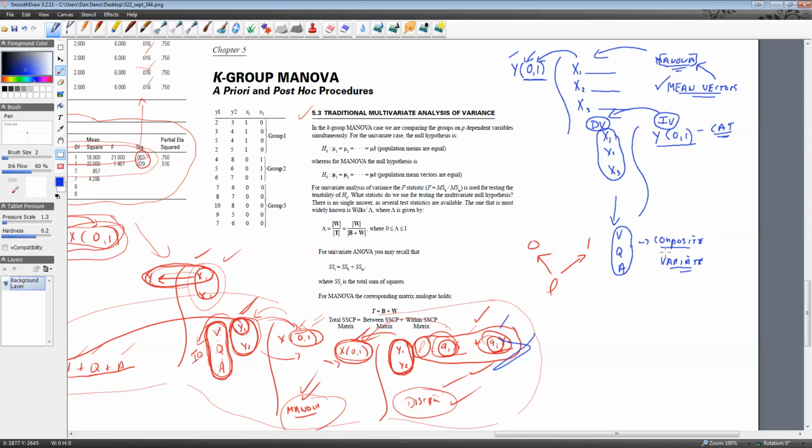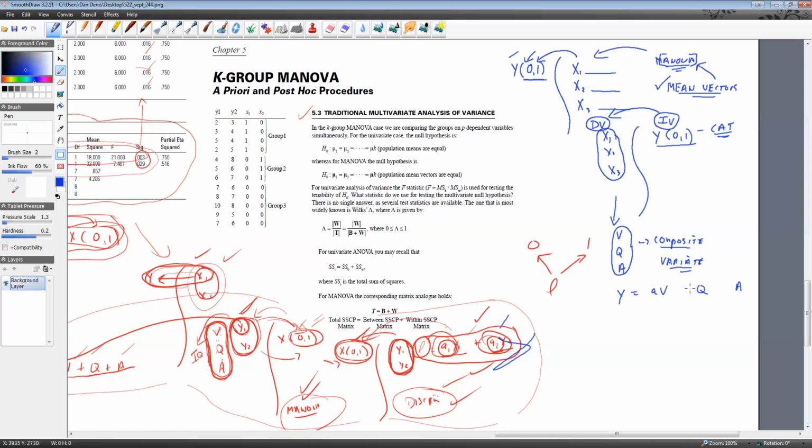Now, what's a variate? Well, it's made up of several variables. It's a linear combination. So this whole thing is a linear combination. I'm going to write my linear combination as V, Q, and A. And to produce the linear combination, I'm going to need weights over here.